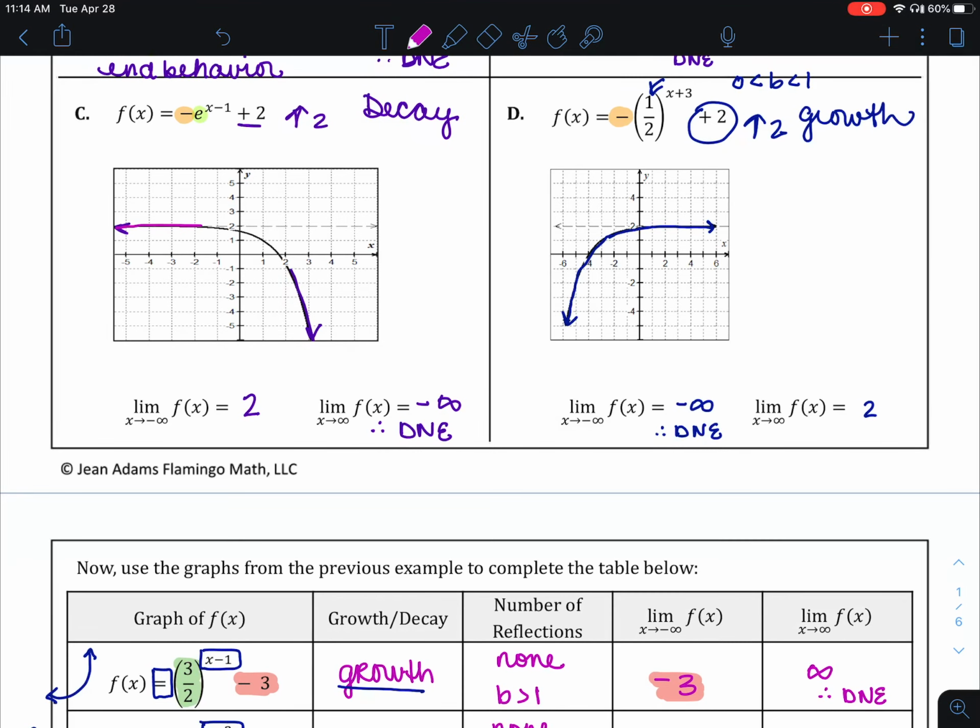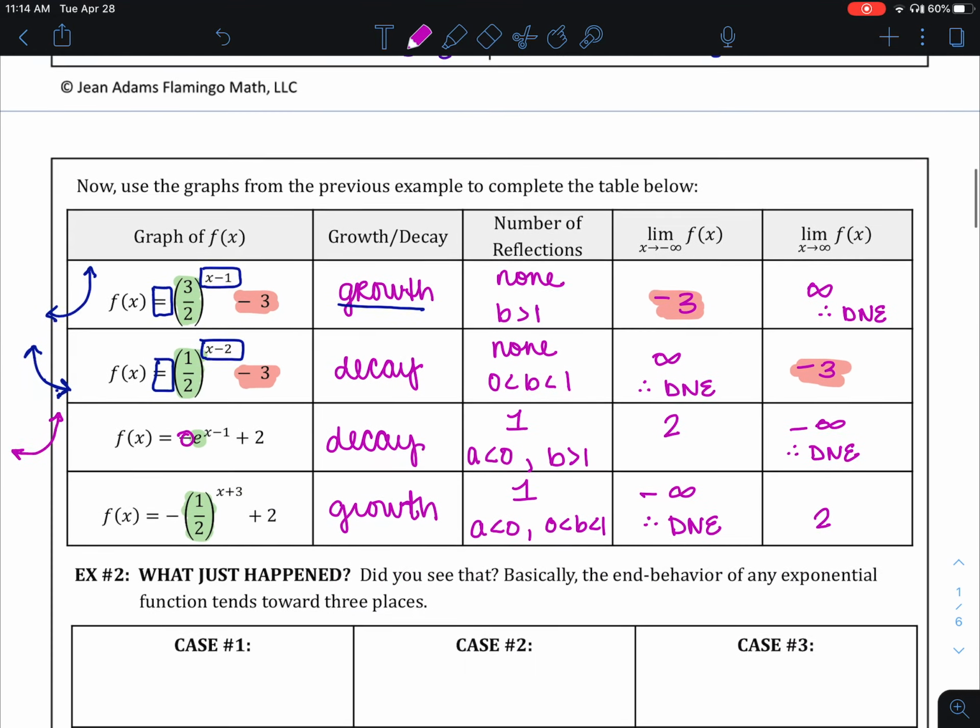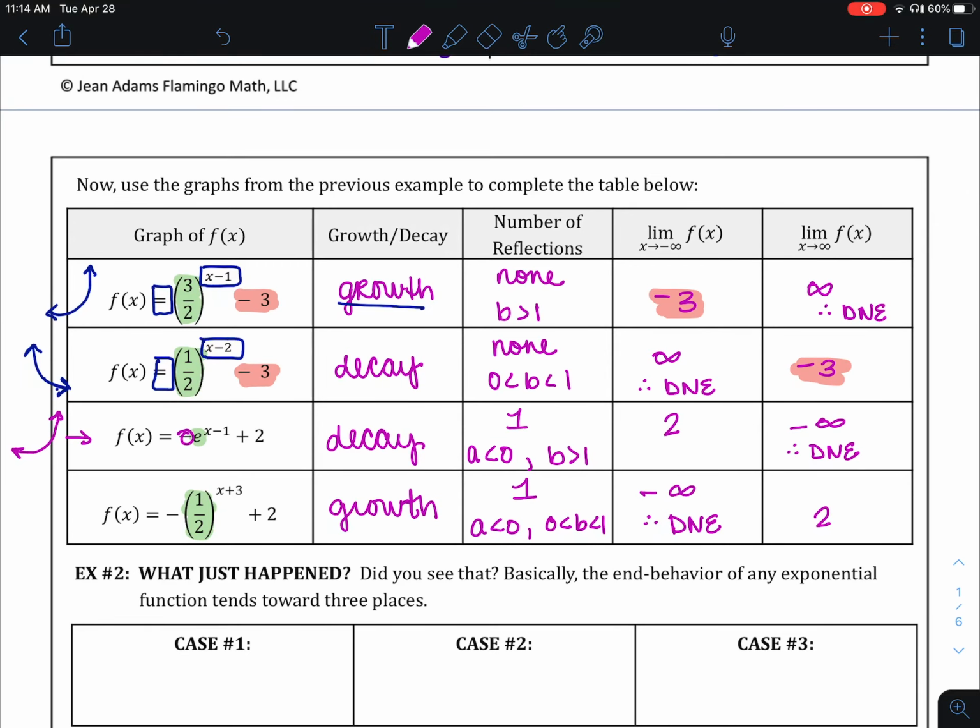If the negative is out front, we see it dip down to decay. And so there we have what our graph looks like. The +2 is almost going to be the roof of this function, right? So as we approach negative infinity, we're going to go to 2, and then we're going to keep falling and falling and falling as decay does.